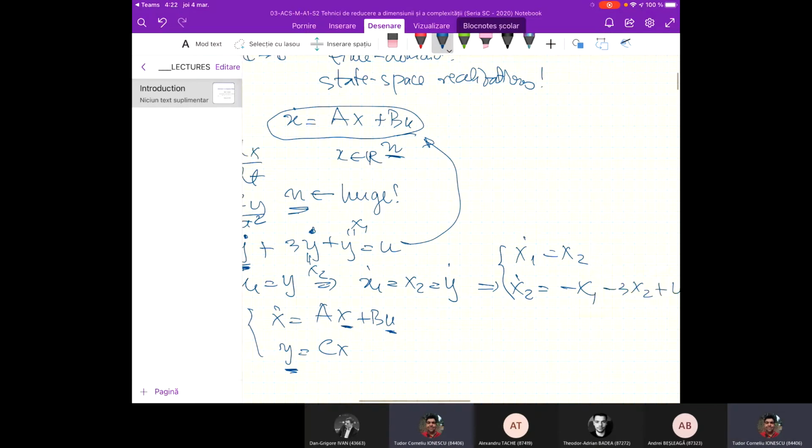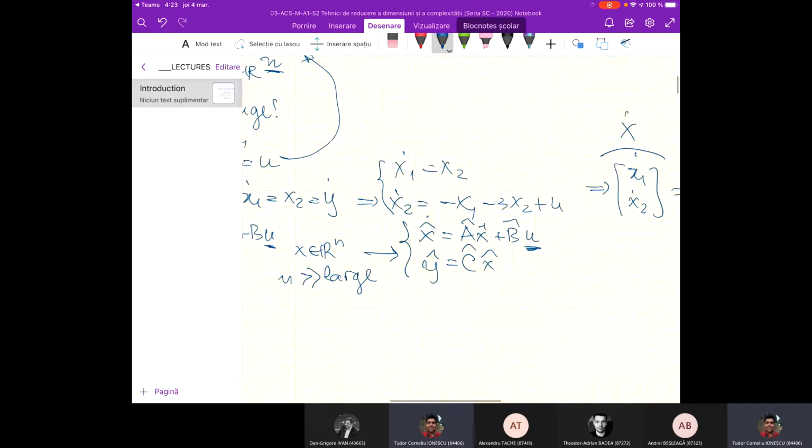Okay? The idea is that, I said X is in Rn, N is very, very large, and we want to find another system, X hat dot is A hat X hat plus B hat U, where U is the same because we subject this whole new system to the same input, and you get the new output because this is changing too, which is C hat X hat.